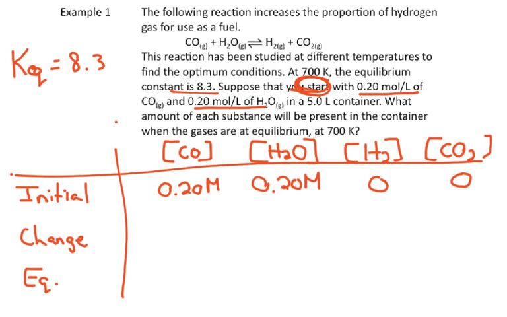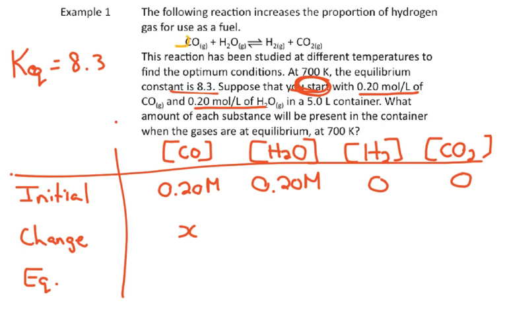The change in concentration, well, the concentrations of CO and H2O will decrease because they will get used up. We don't know exactly how much, so we can call that X. But maybe not just X. We need to go back and look at the chemical equation and look at the molar ratios between the substances.